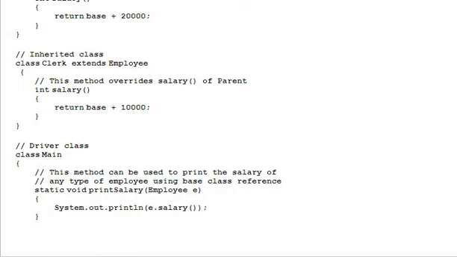Now look at the main class. We have the method printSalary, which is static. Look at this clearly: within brackets, Employee e. This method can be used to print the salary of any type of employee using a base class reference. This is important. Look at void printSalary(Employee e). That is your reference, e.salary.